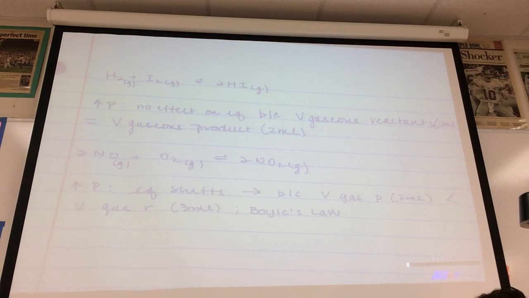Let's walk through this example here. It says, consider the reaction, and this is the one I just gave you. In which direction will a net reaction occur if additional nitrogen dioxide gas is added? Equilibrium shifts to the left to use the NO2 added.